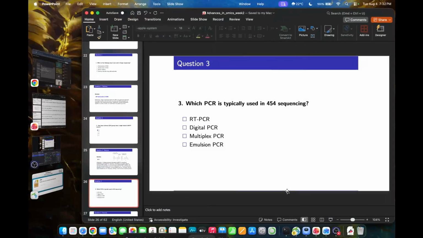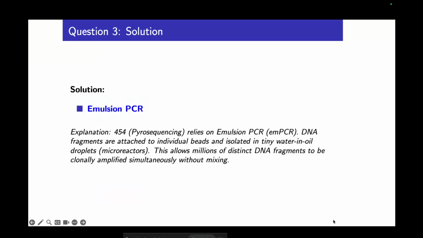Yeah, that's correct. Emulsion PCR. So basically, you have it connected to the beads, the streptavidin beads with the biotin labeled DNA sequences.